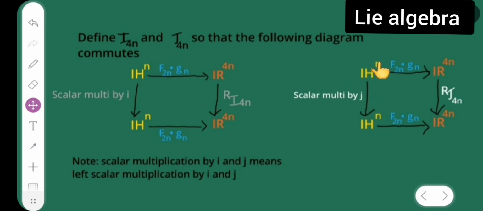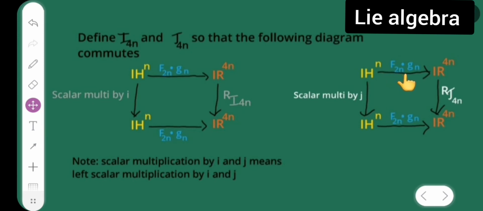and this is my commutative diagram for J4n, and this is F2n into Gn goes from Hn tending to R4n. This is my scalar multiplication by I, and this is my R I4n, and this is my commutative diagram for J4n.